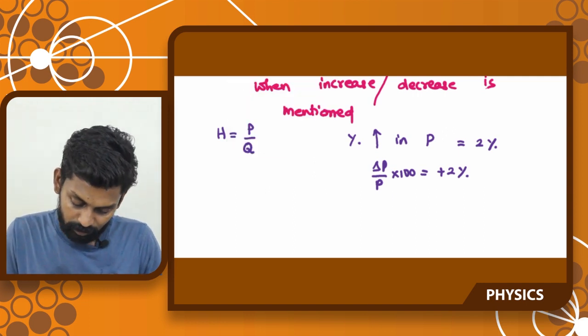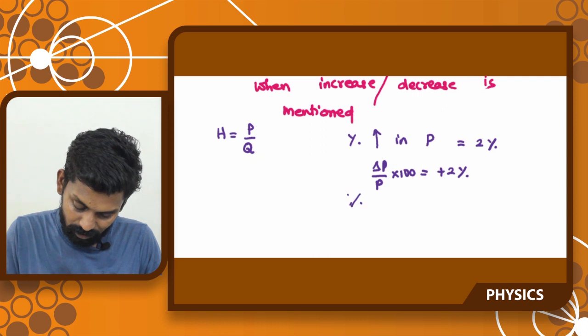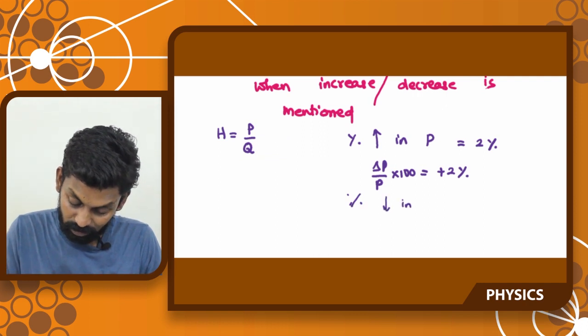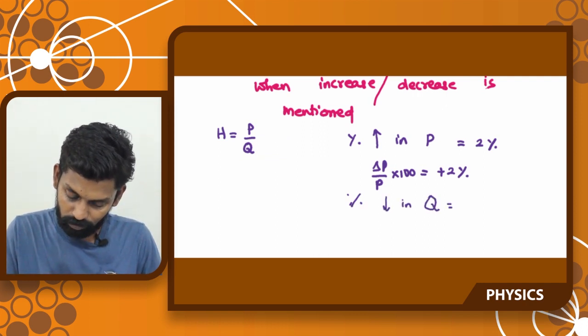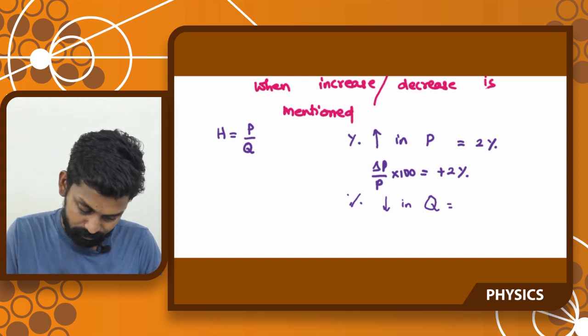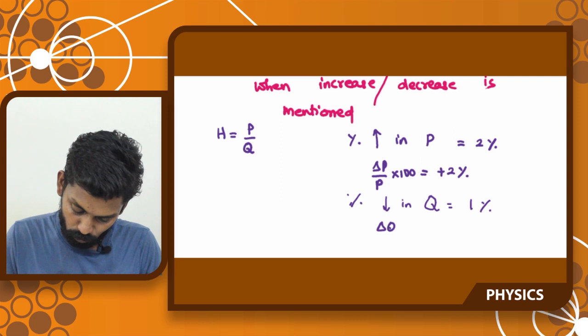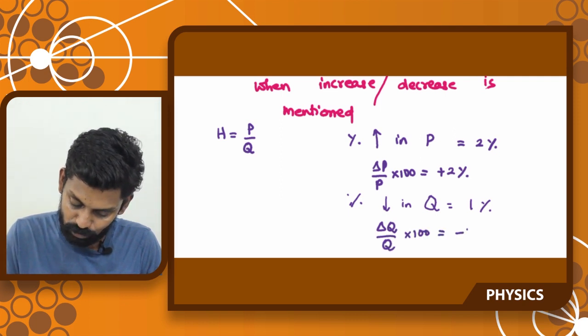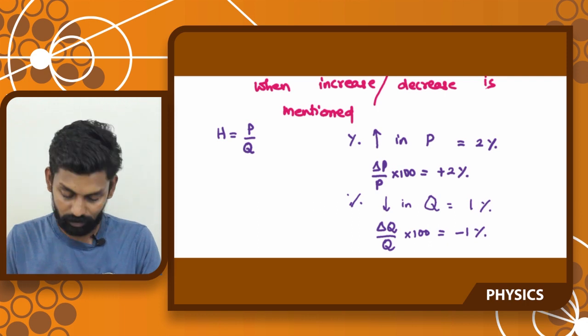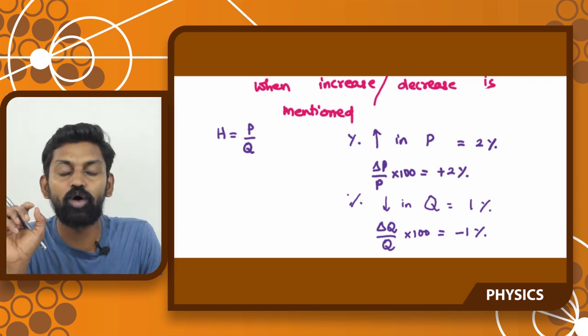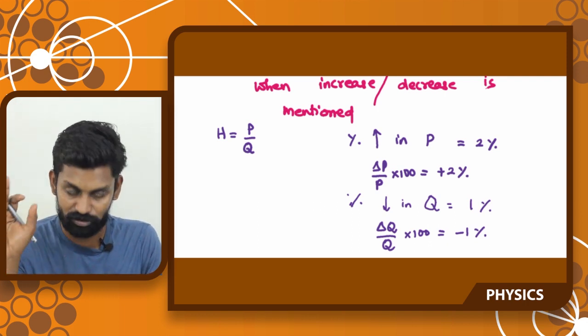And the percentage decrease in Q is equal to 1%. That means delta Q by Q into 100 is equal to minus 1%. Now, we are asked to find out the percentage change in H.